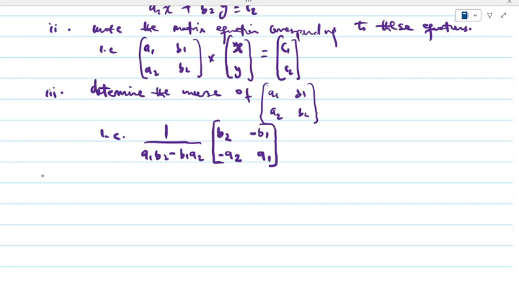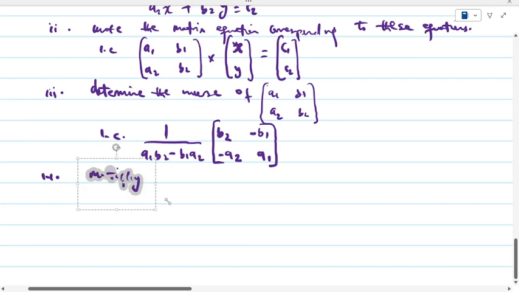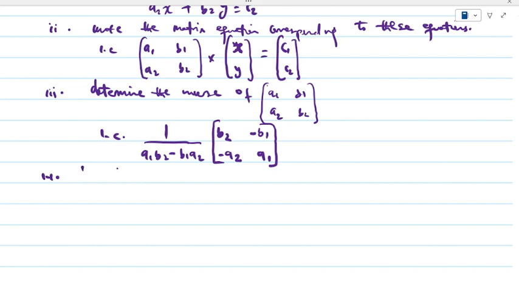Okay, so step 4, you multiply each side of the equation by the inverse matrix.